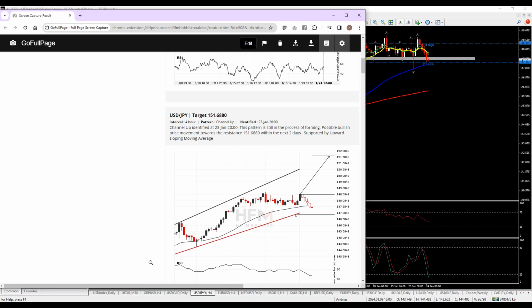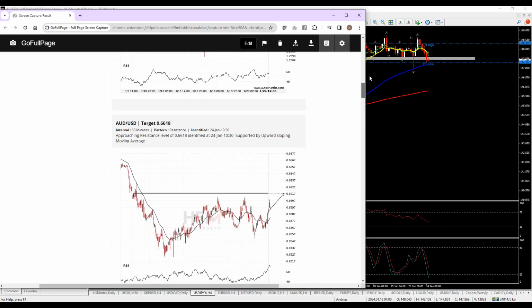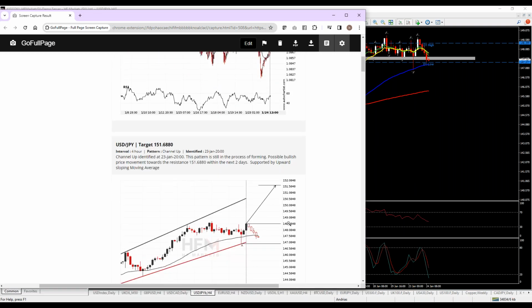It tells me that it's in an ascending channel. There is a bit of a correction, which we have seen already. But it suggests that as soon as the asset returns back above 148.58, it could resume the channel and breach the 151.68 level. So still something to add to our watch list.